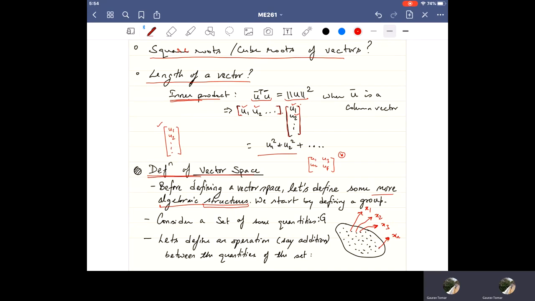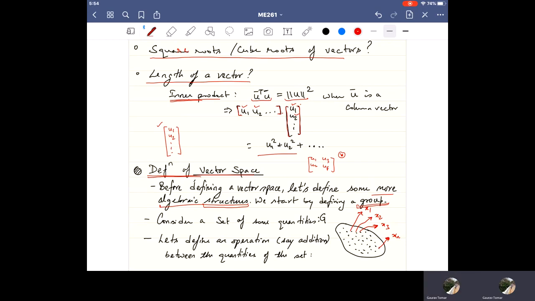We'll start by defining something called a group. I'm sure some of you would remember from your 11th or 12th standard, I think it was taught the first time, what is a group. So we'll keep it just to definitions for these algebraic structures and will not elaborate too much on them.